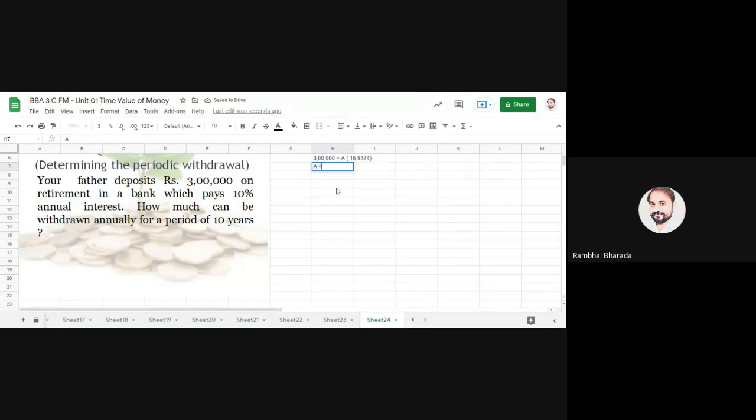Now A is equal to 3 lakh divided by 15.9374. Do the last calculation, you will get the answer.